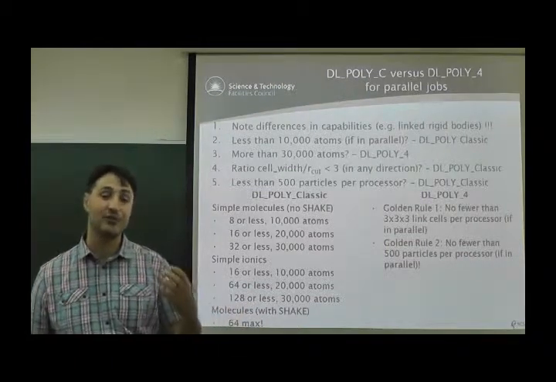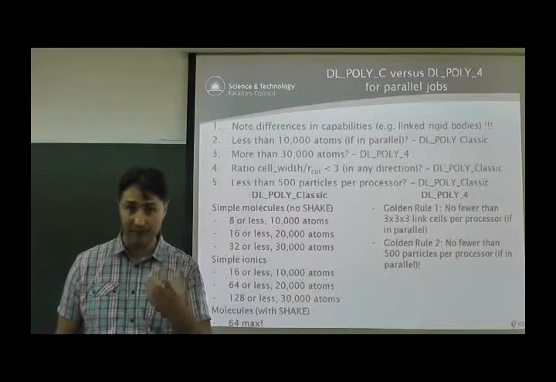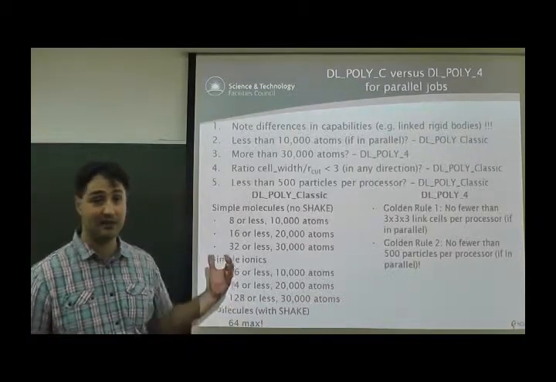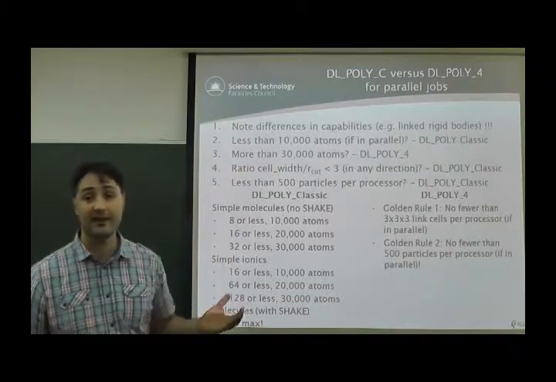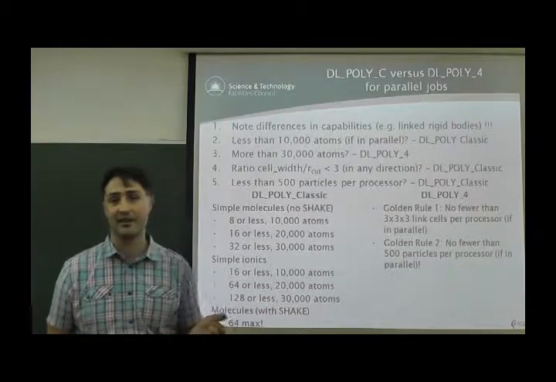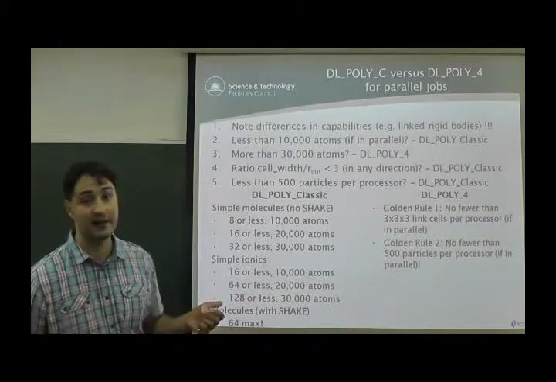Usually you get into a regime where you have less than 4 link cells per dimension for a domain, and then you feel the prefactors rather than the speed up that the link cell algorithm provides.